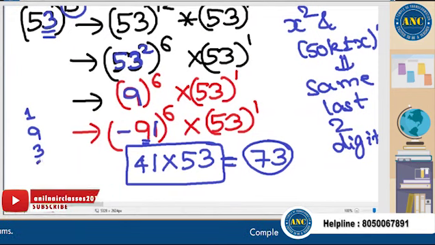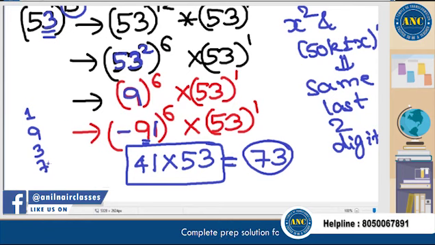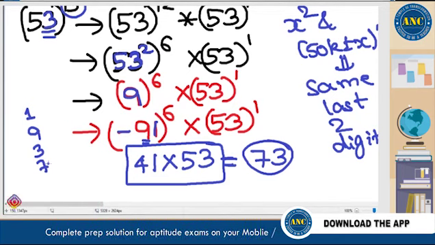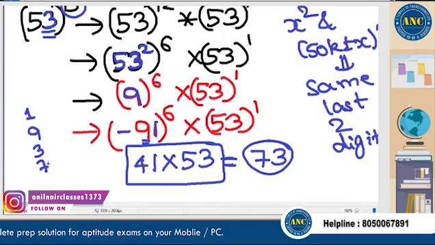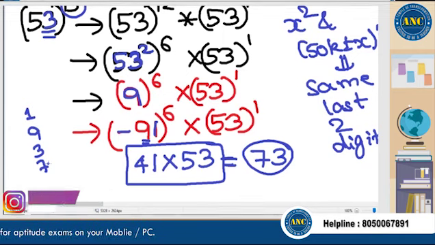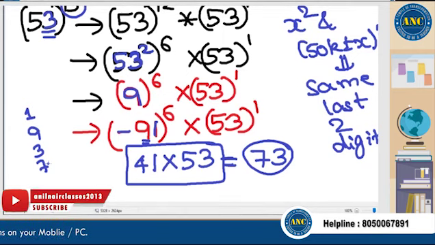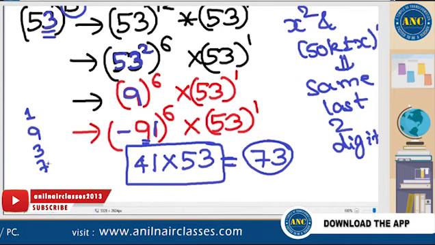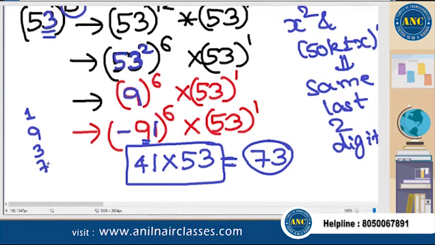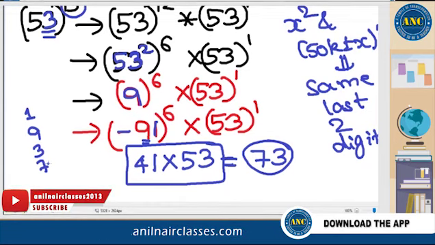In type 3 it is 3 or 7. What if the base ends with an even number? That is something we will discuss in different types. We need to wait for it. Let us wait for some more time so that we will understand what happens if the base is ending with an even number. Ramya, I hope it is clear. Manoj, I hope it is clear for you also, sir.